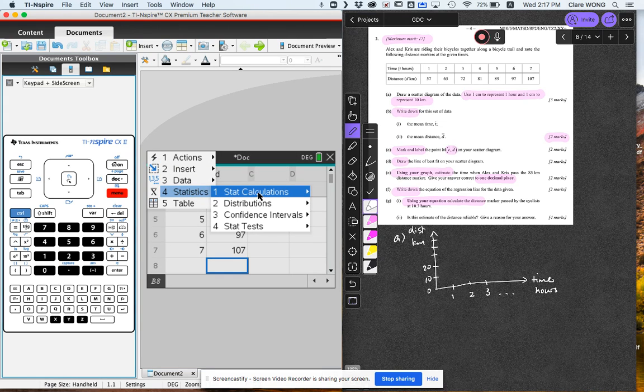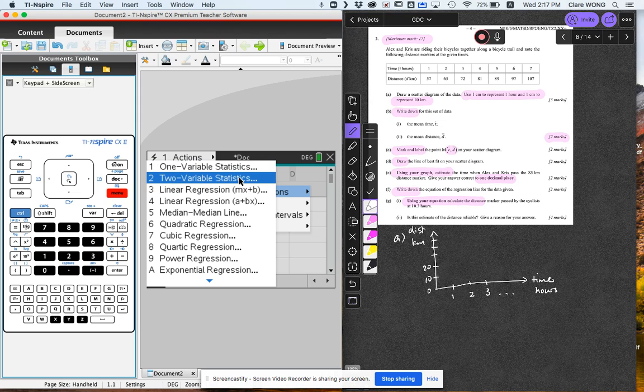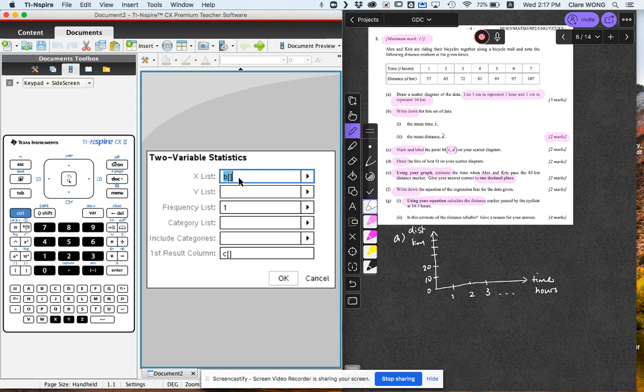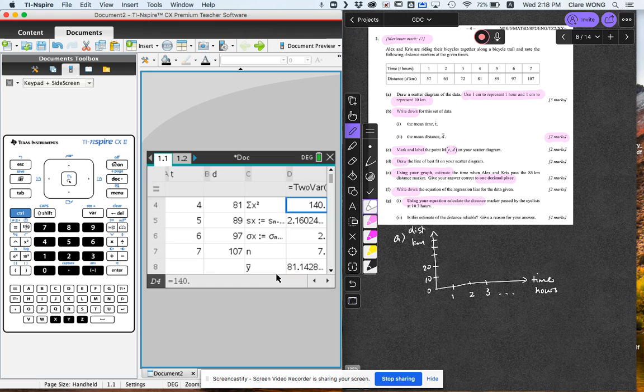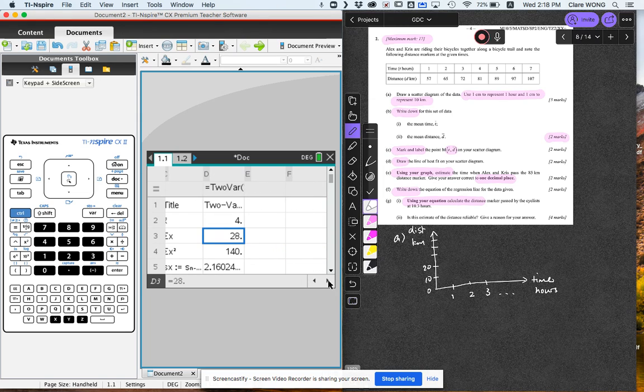This time, I'm doing stat calculation with 2 variables, like that. Okay, I got these to look at.